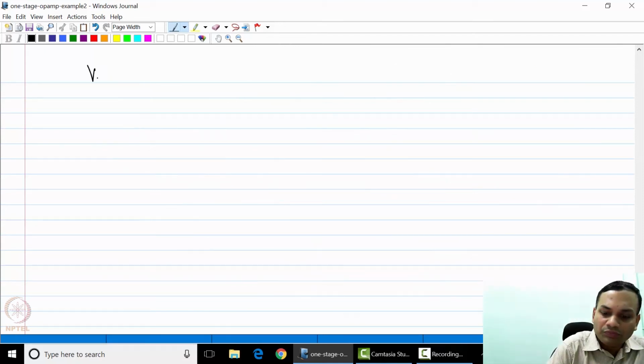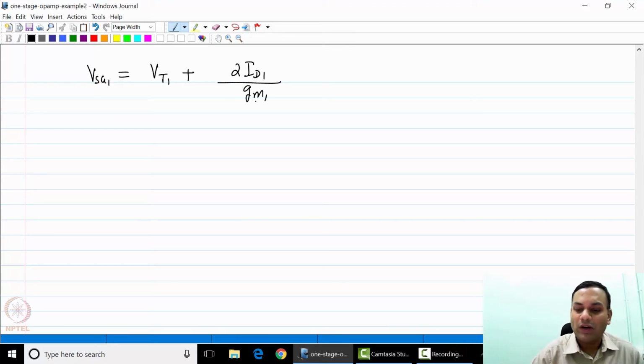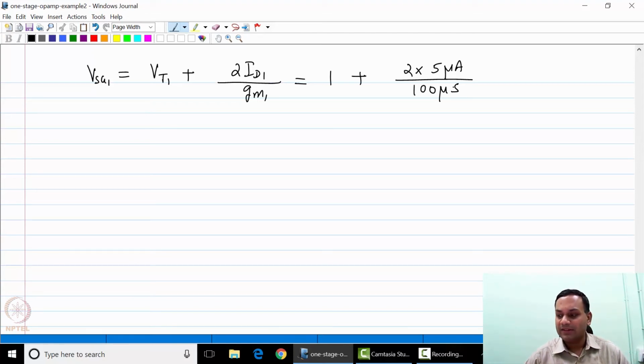So VSG1 is VT1 plus 2ID1 over GM1. VT1 is 1 volt plus, the current through M1 is 5 microamperes and GM1 is 100 microsiemens, and therefore this is nothing but 10 microamp over 100 microsiemen. This is 1.1 volts.